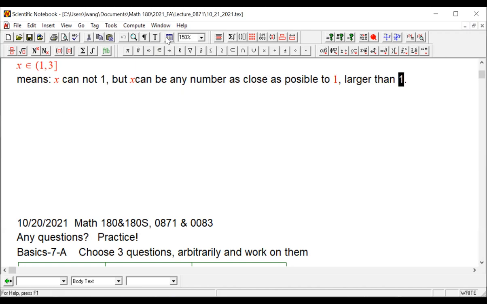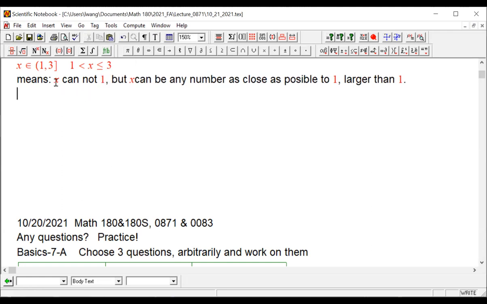It cannot be less than 1, because this means x is larger than 1, smaller than or equal to 3. That's what it means. So x can be 1.00000001 but it just cannot be 1 exactly.